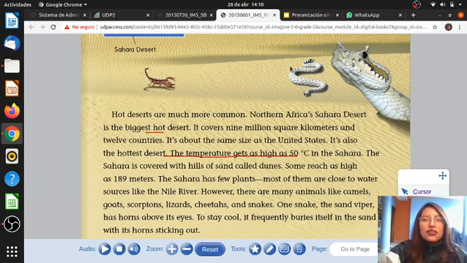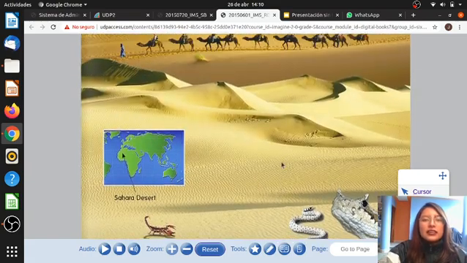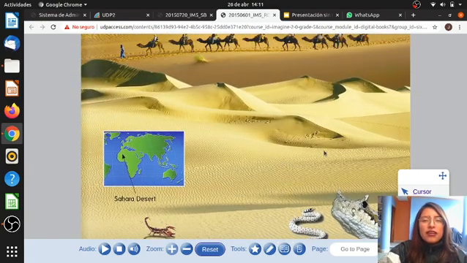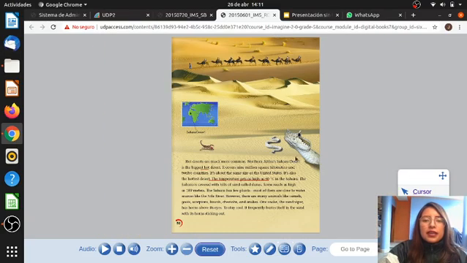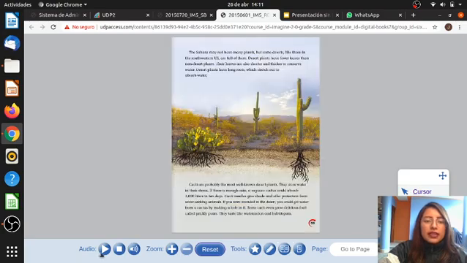Okay, it's so different. And you can look, in this desert there is a lot of sand. And the camels. Okay, people used these animals to travel. Las personas ocupan los animales, estos camellos, para viajar. Exacto. Okay, let's start with the next part.